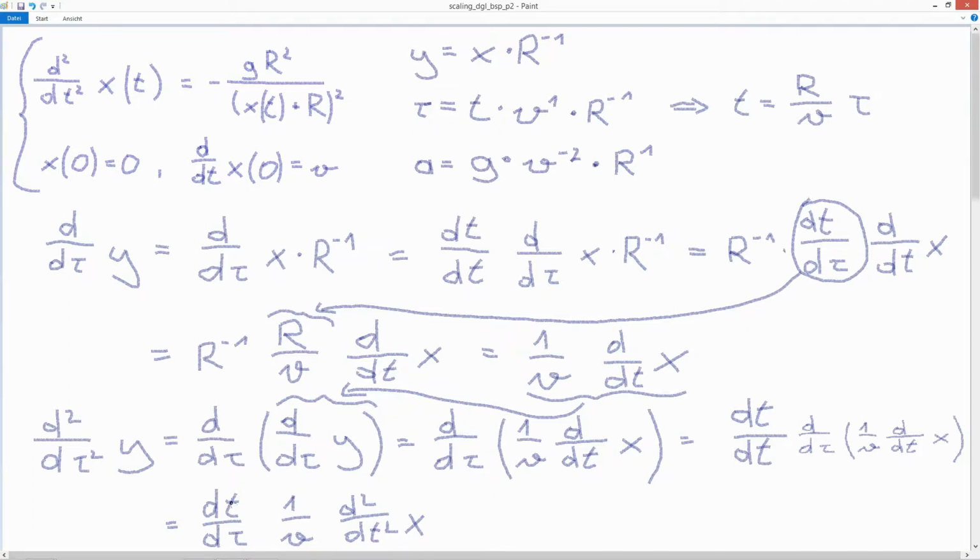Okay, now we have to differentiate t with respect to tau again, which is this factor here. So in the end we get this here.